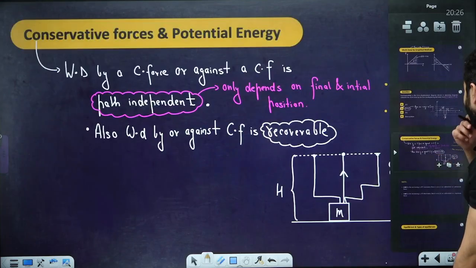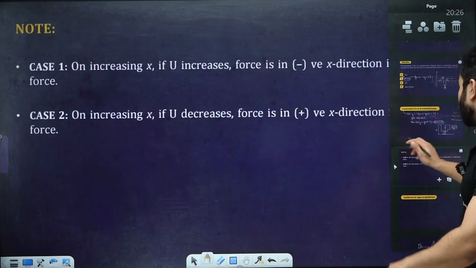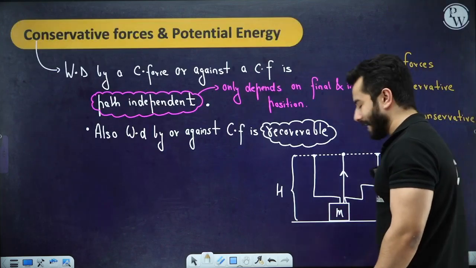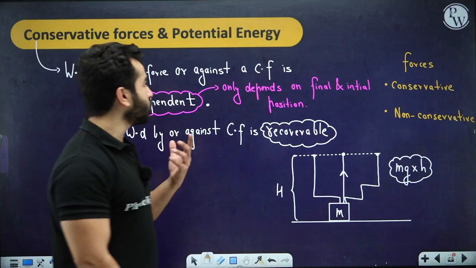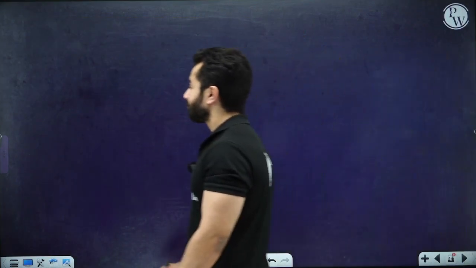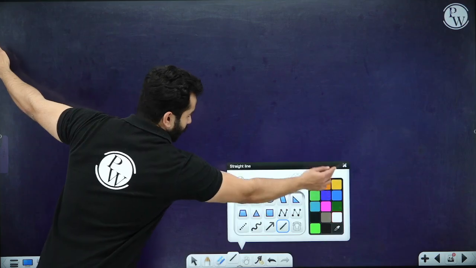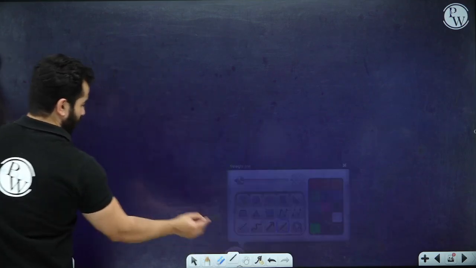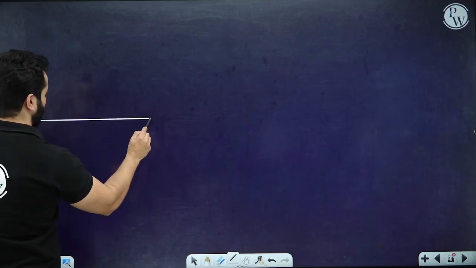Now this point is actually related with potential energy, so I'm going to come to that. But before coming to those important points, let's focus more on the concept of potential energy. Now see, I told you that we have got a body kept over here.